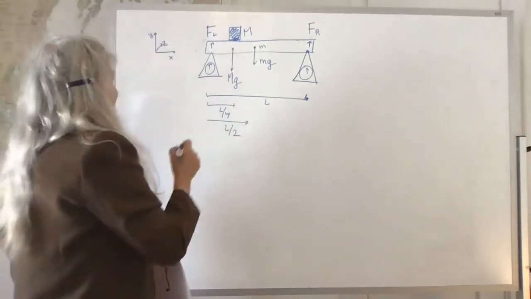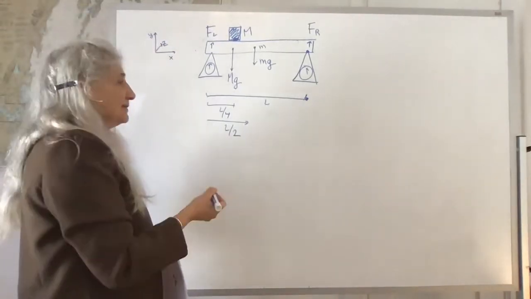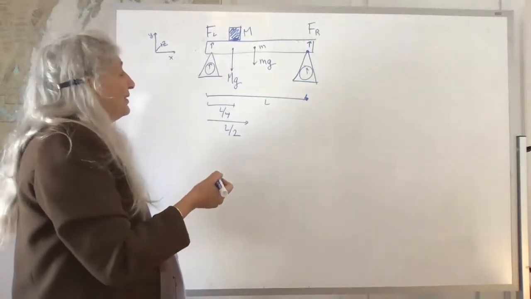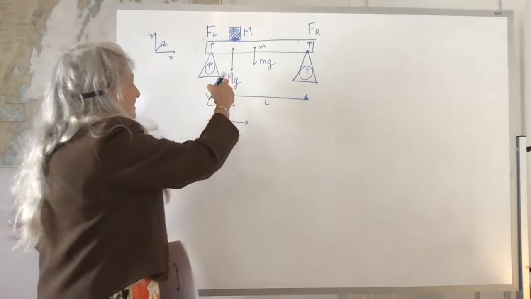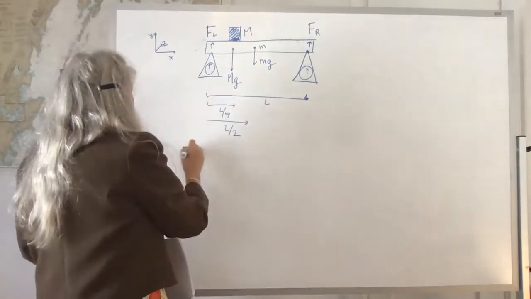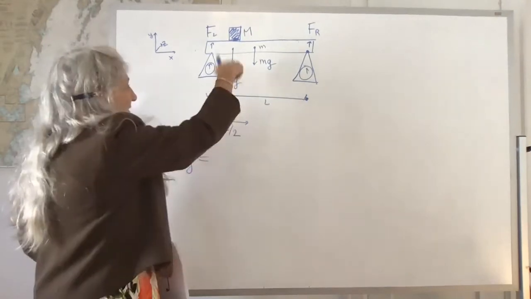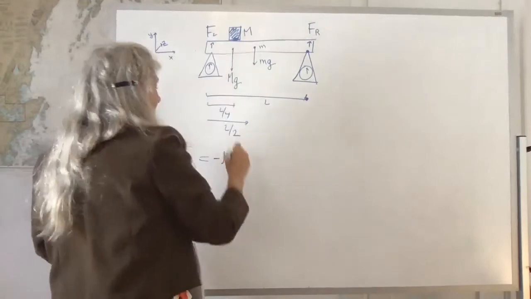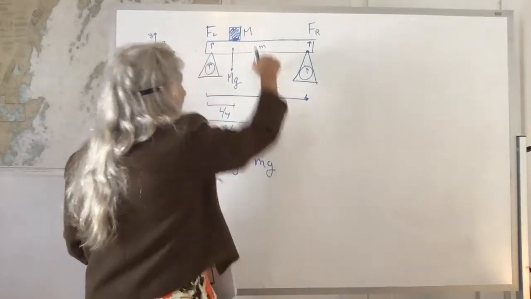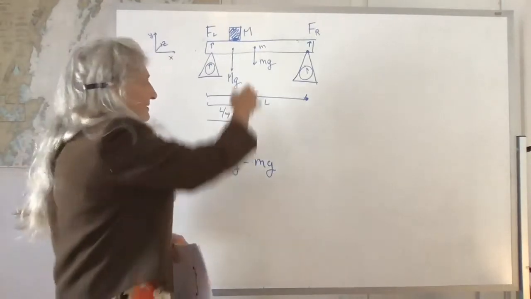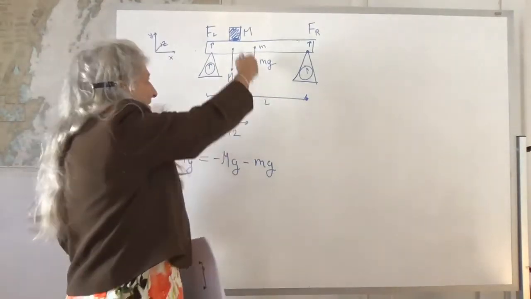So in this case, we'll do force balance first, and then we'll do torque balance. Sum up all the forces. All the forces are in the vertical direction, so we have the sum of Fy. There's a downwards force from the block, and a downwards force on the board from gravity at the center of mass.